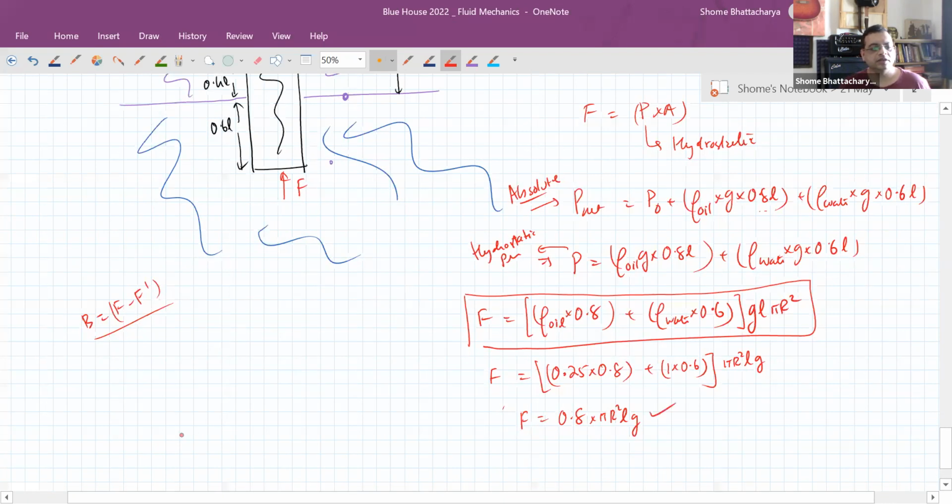Okay. Now we'll relate this with mg. Mg would be density of wood into volume of wood. So density of wood was 0.7. So if you relate these two, you can see F is equal to 8/7 times mg.